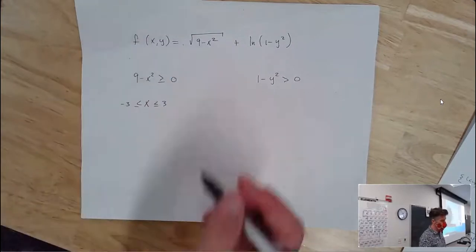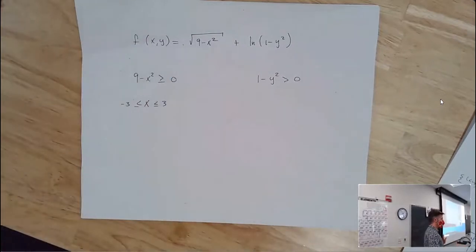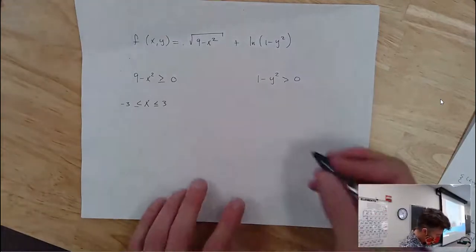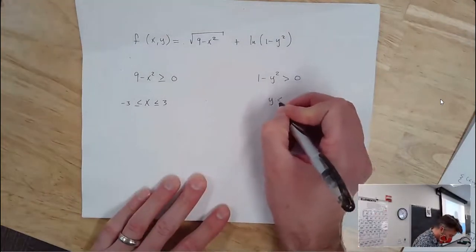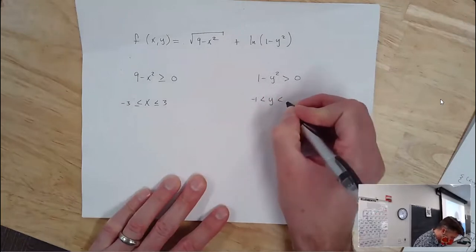You could bring the x squared over to the side, square root, and get an absolute value. But we can kind of see if x is bigger than 3, you're going to have a problem. 9 minus 4 squared is negative. If x is less than negative 3, we're going to have a problem because 9 minus negative 4 squared is also negative. And in the same sort of way, here we're going to get y having to be between negative 1 and positive 1.